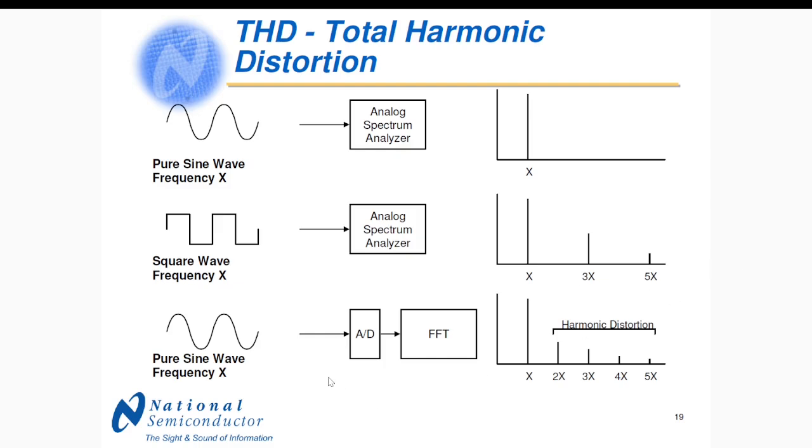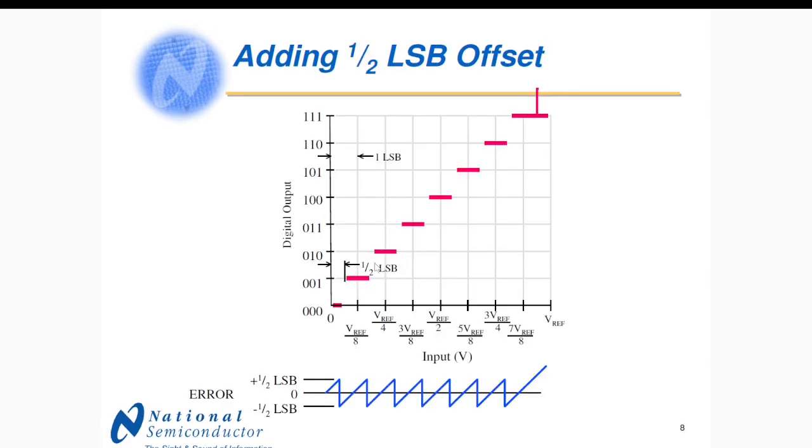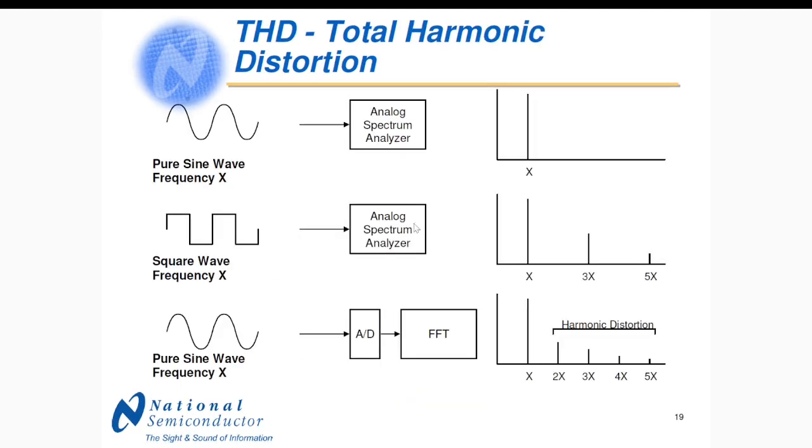But when we are using an ADC, an analog to digital converter, and we take a digital fast Fourier transform of it, we will see this harmonic distortion, and that's because of the stepping nature of it. So that's basically total harmonic distortion, a very important concept relating to analog to digital converters.